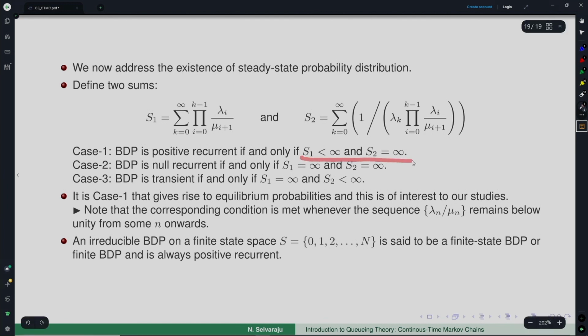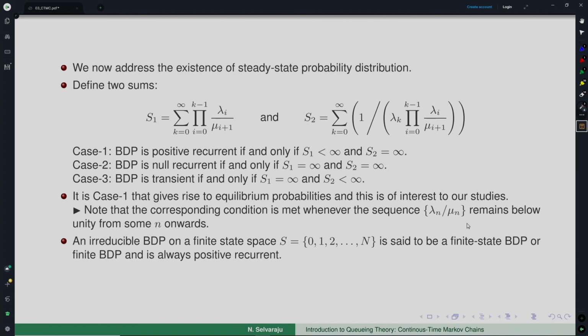We will not say explicitly about S2, which you can verify by yourself; we will talk in terms of S1. And note that this condition would be satisfied whenever the ratio lambda n by mu n remains below unity from some point n onwards.